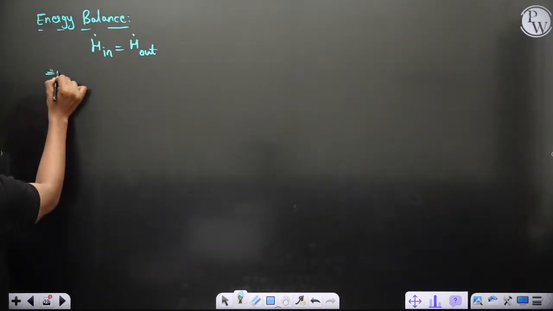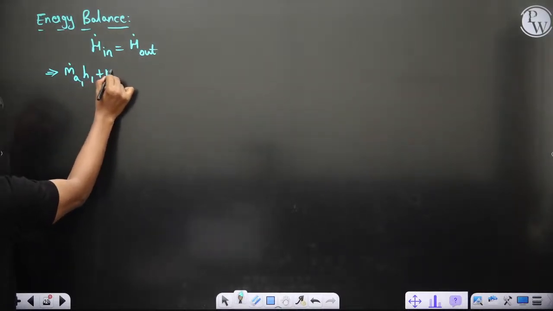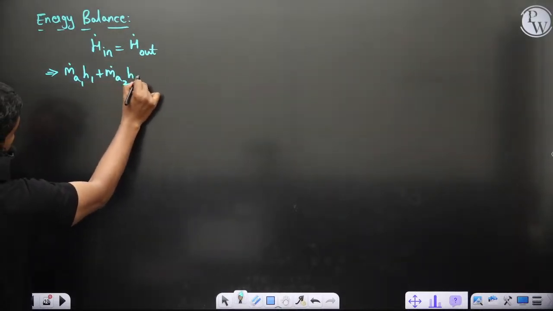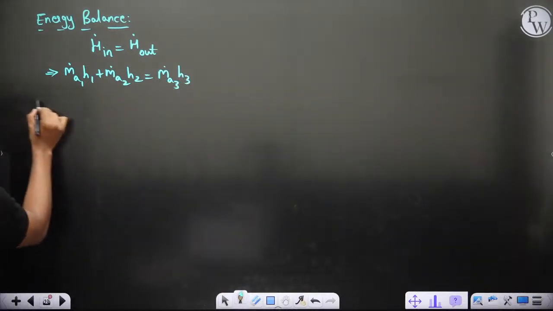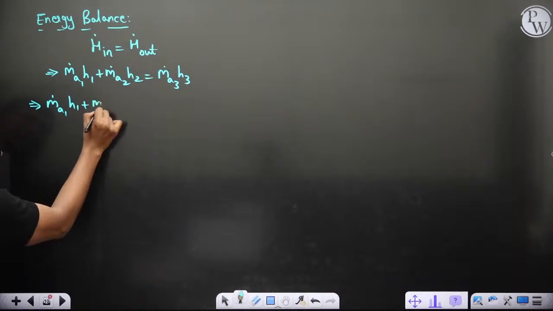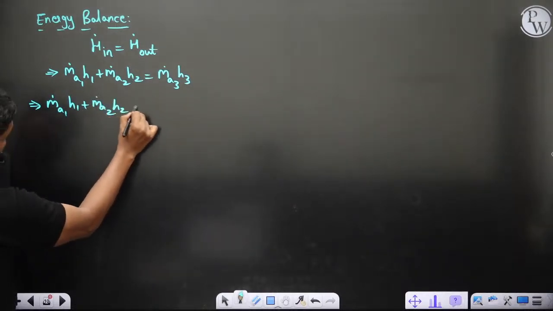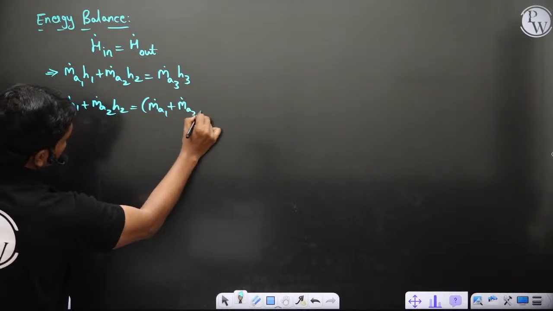Because it's under steady state, what is the enthalpy coming in? m dot a1 h1 plus m dot a2 h2 is equal to m dot a3 h3, correct? So this is what we have. Now clearly this implies m dot a1 h1 plus m dot a2 h2 is equal to m dot a1 plus m dot a2 times h3.